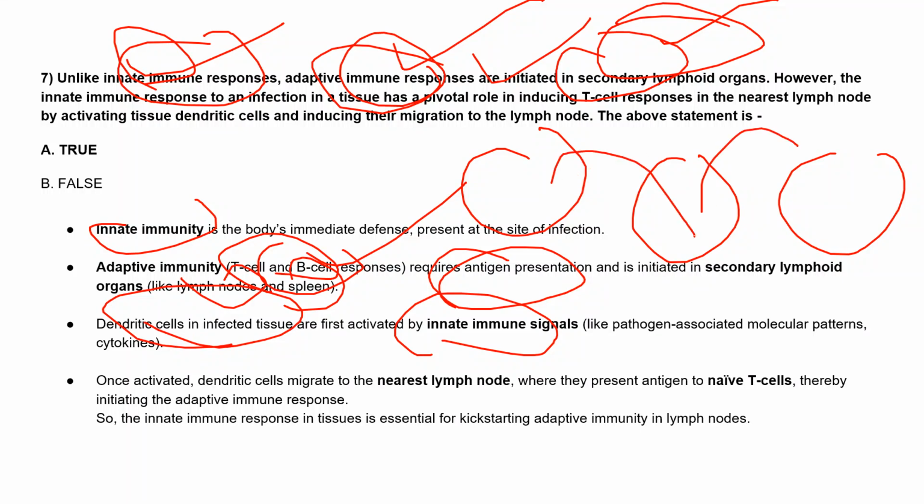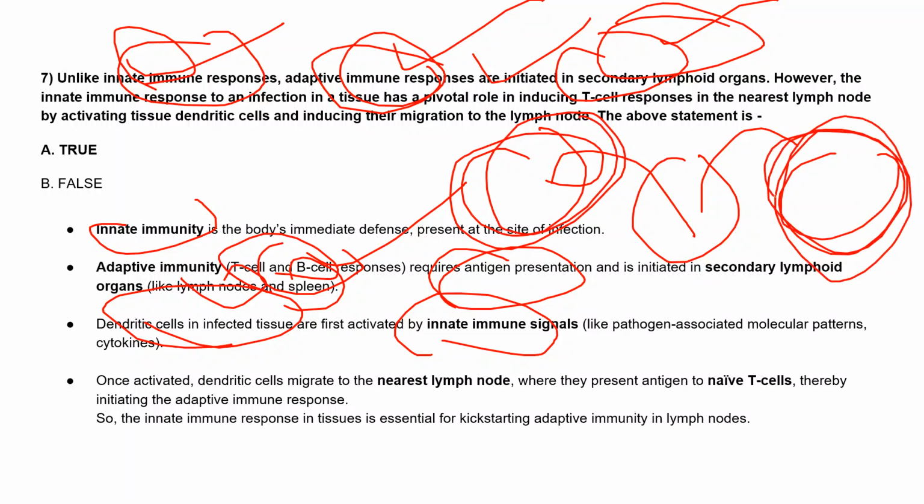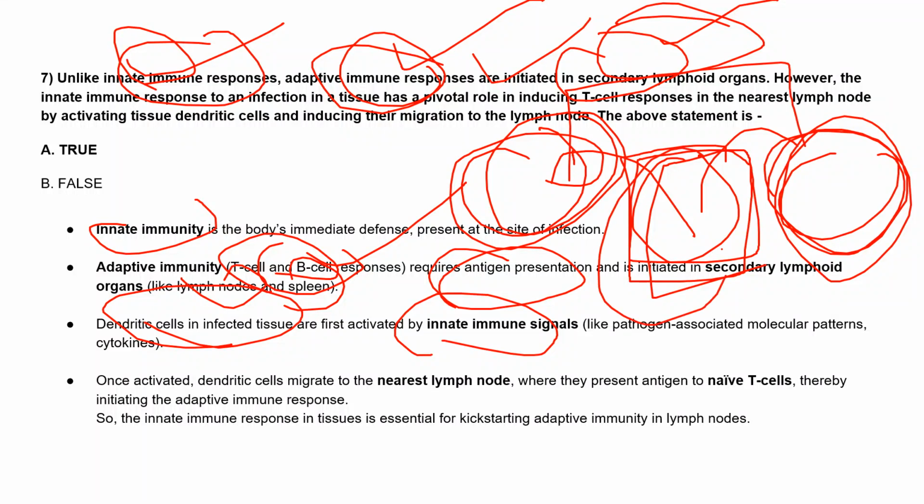So this is how the innate immune system connects to the adaptive immune system, through APCs, antigen presenting cells, and one of these APCs is the dendritic cell. So the adaptive immune system connects to the innate immune system through dendritic cells. Here they also mention that the innate immune response to an infection has this role in inducing the T cell response by activating them.